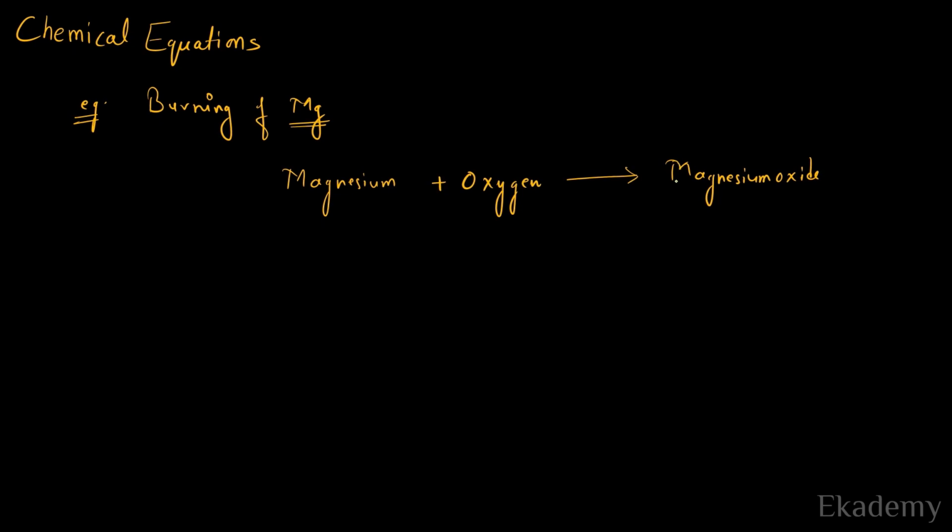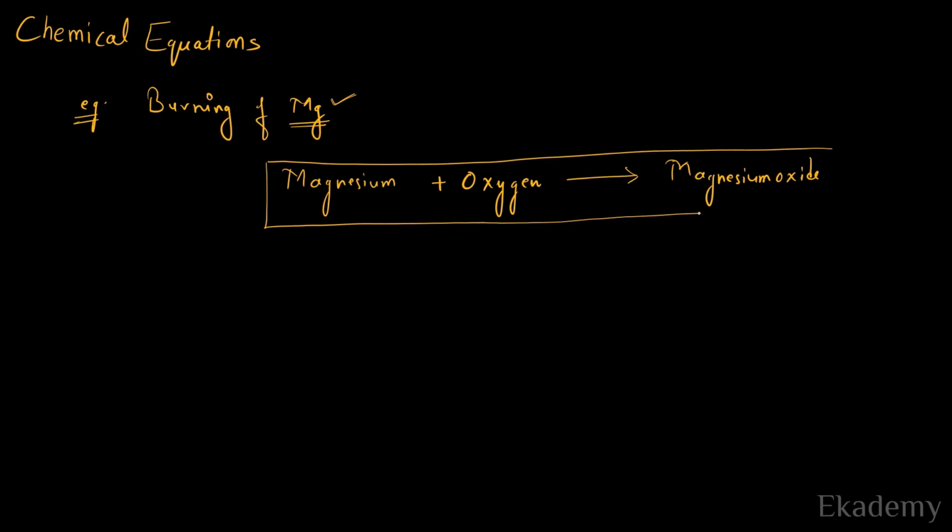This is the chemical reaction which takes place during burning of magnesium. So the same chemical reaction can be represented using this equation, right? This is an equation which represents a chemical reaction which takes place during burning of magnesium.